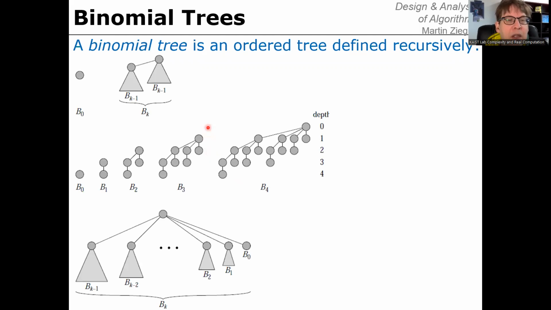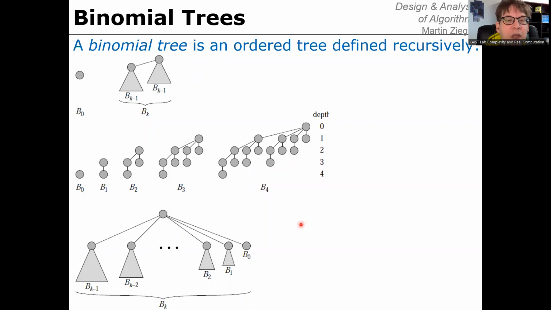That's the induction step. And a binomial tree of order 0 is just a single node. That's one perspective, and here you see some examples of these binomial trees according to this inductive definition.